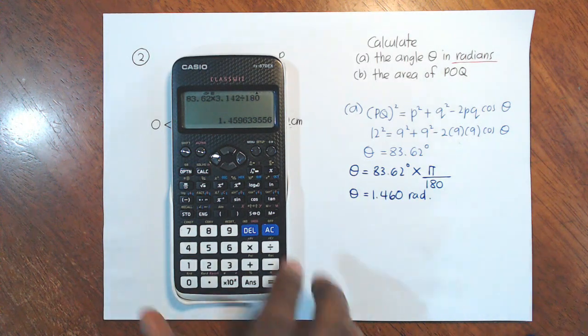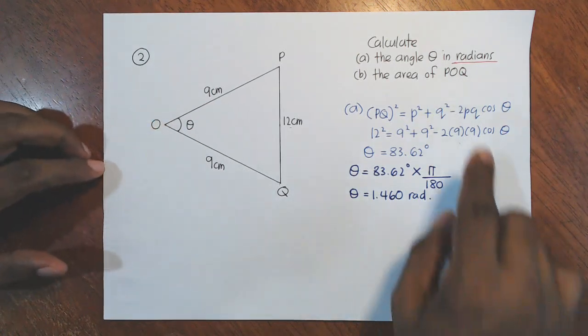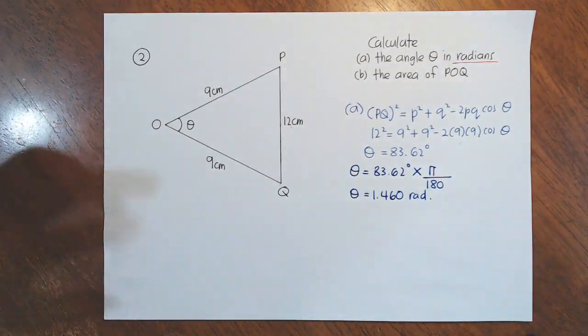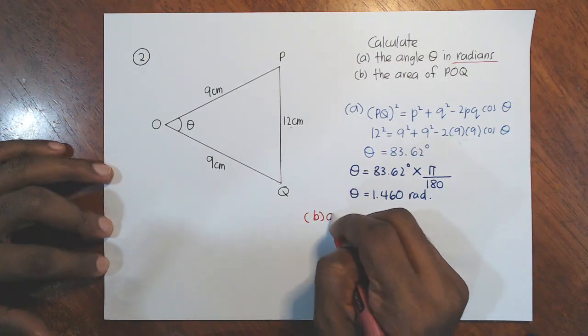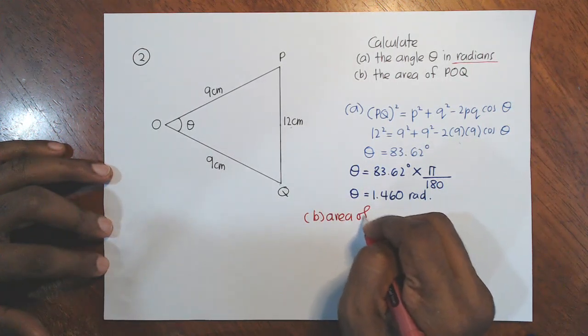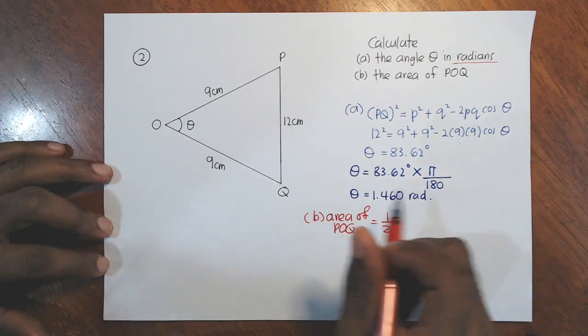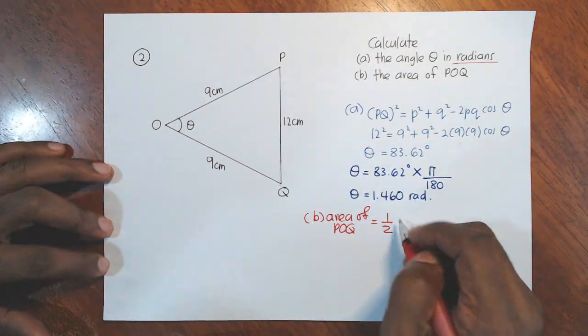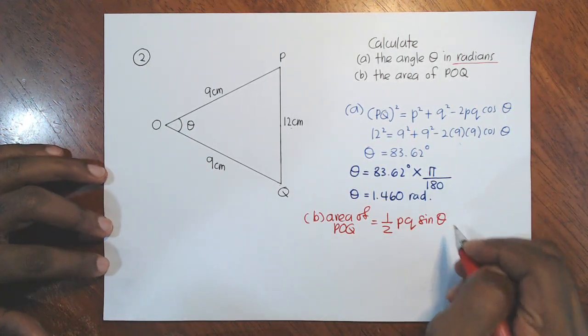Right. Now to do question B, since we know the angle already, we want the area of POQ. Okay, that's a perfect question actually. So question B, area of POQ in this case will be 1 over 2 times P times Q times sine theta, right?